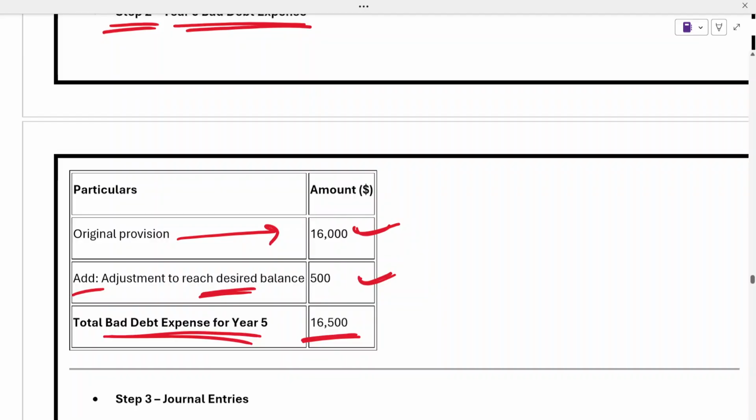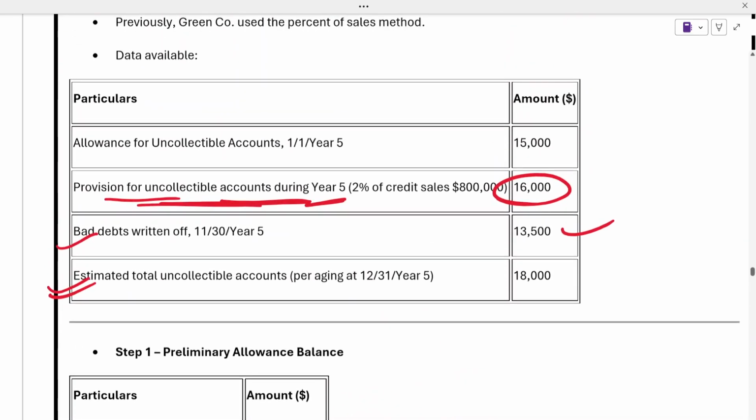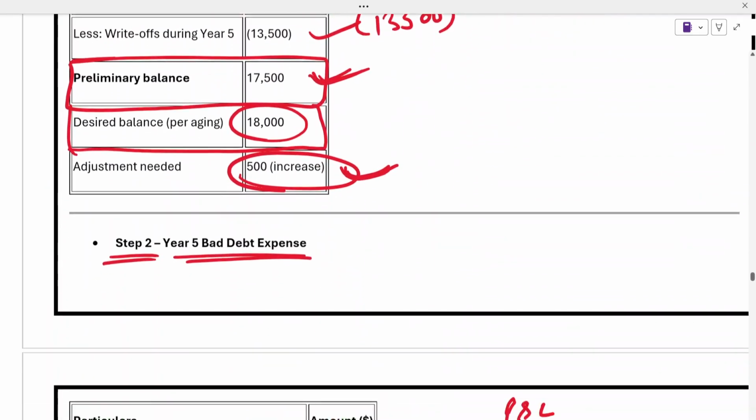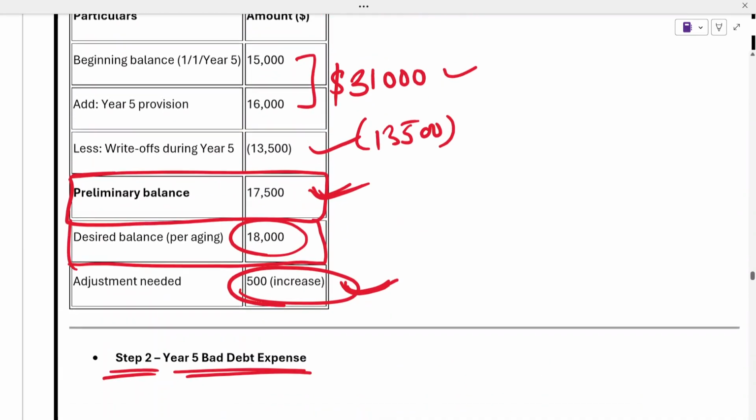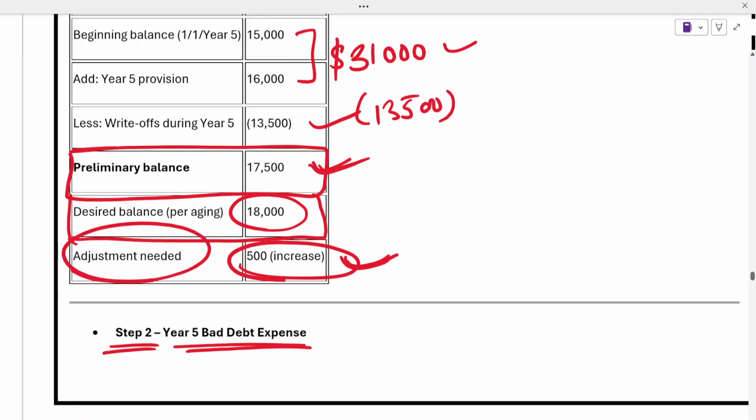So you can look at this through an account. Basically this was our account, and this is our P&L account. Within P&L we know that we originally had $15,000 of provision, then we need to create $16,000. So we have created these $16,000 of provision from P&L, and then we knew that we need additional $500 as well. Why?